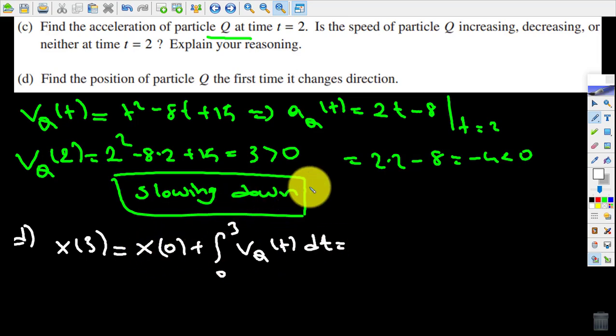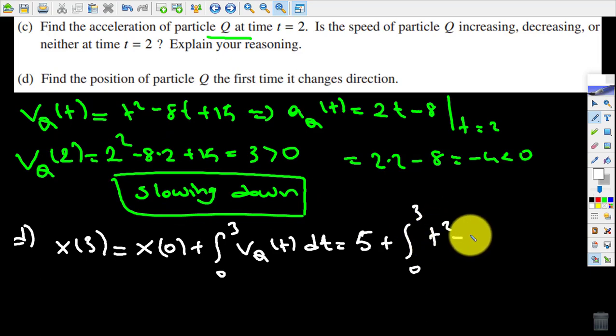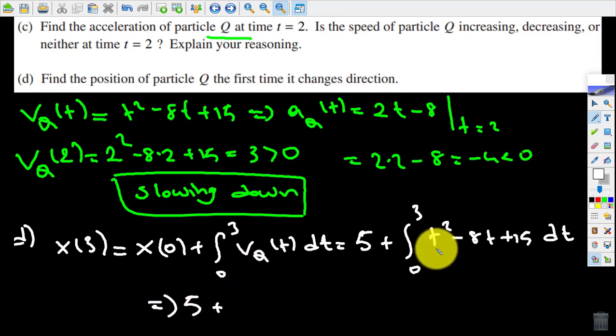We know x of 0 is 5 plus the integral from 0 to 3 of t squared minus 8t plus 15 dt. Now you need to find the integral of this expression using the power rule and evaluate it when t equals 3 and when t equals 0 using the first fundamental theorem of calculus.